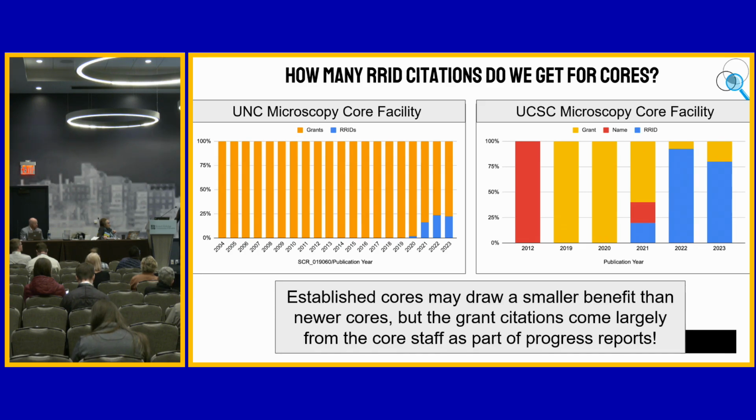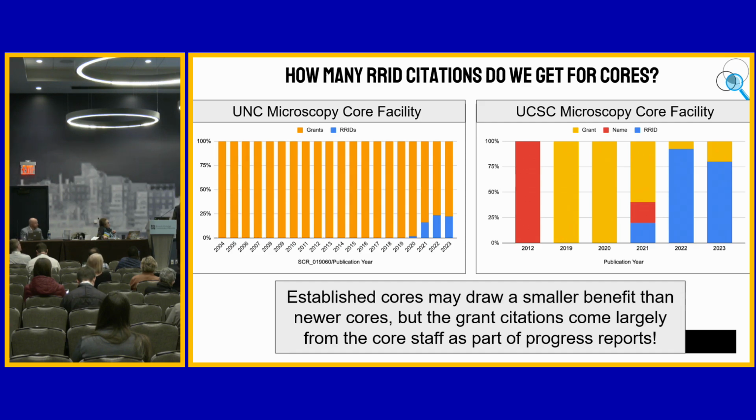Every once in a while, authors will also do this, but largely that's work done by the core facility itself. But after a couple of years, we're getting to be about 20% or so of the papers that have an RRID associated, which is great. It's not where we'd like to be, but it's great. That's a little bit easier to associate.